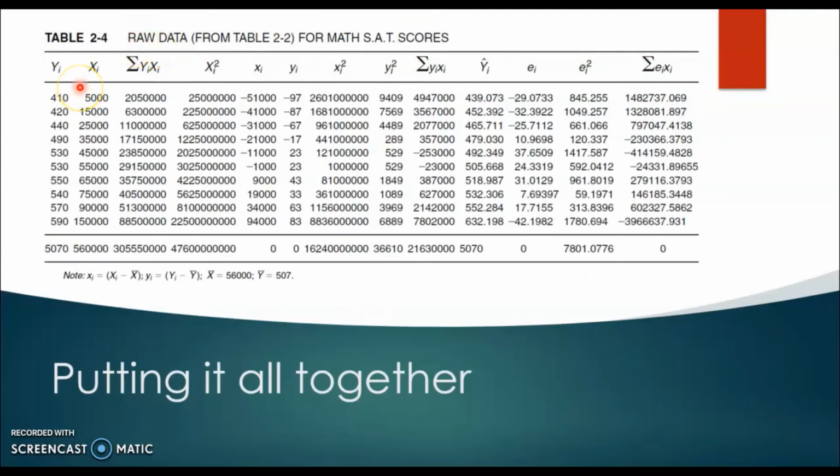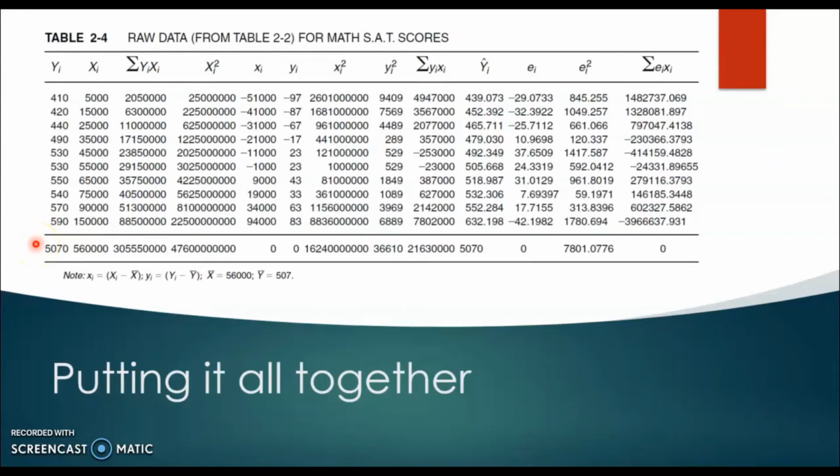Here we have the values of the dependent variable based on the sample: 410, 420, 440, 490 down to 590. So we have a sample of 10 observations retrieved from 10 students from that particular population of 100.